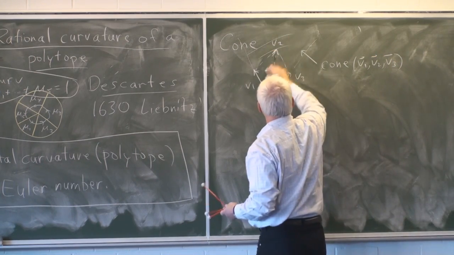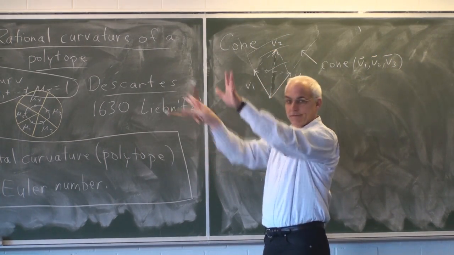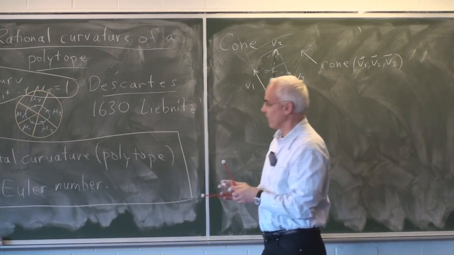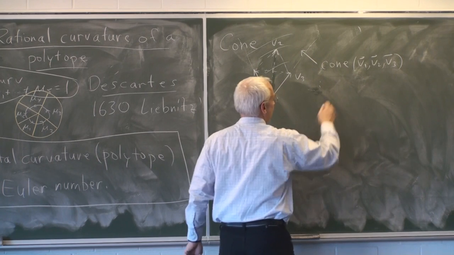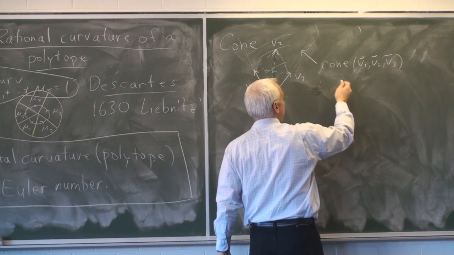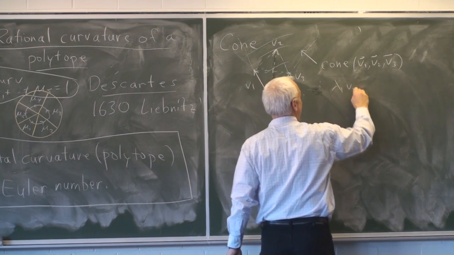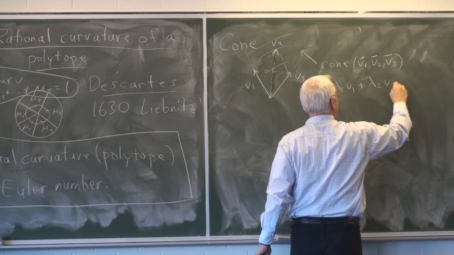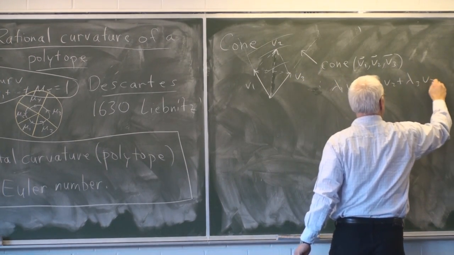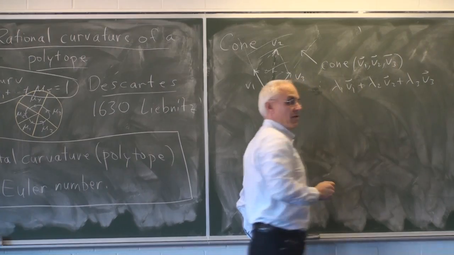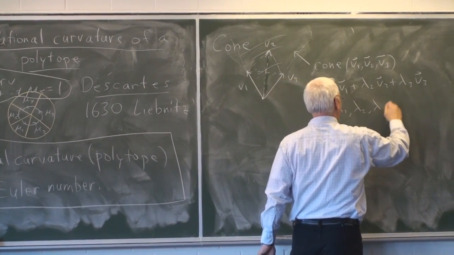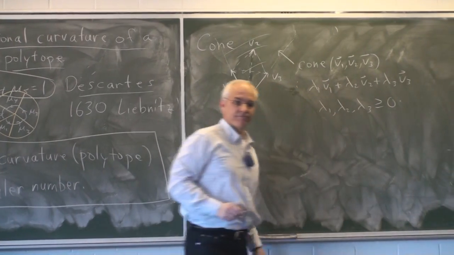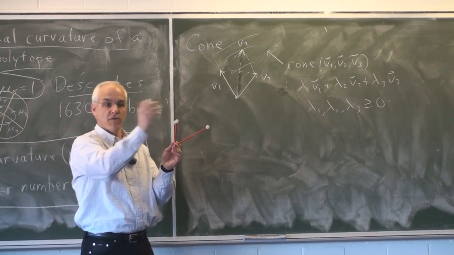It's going to be everything in that infinite compartment of space. Technically, we could say that's the set of things of the form, say, lambda 1 v1 plus lambda 2 v2 plus lambda 3 v3. All those kinds of things where each of the coefficients is positive. That generates the interior of the cone.